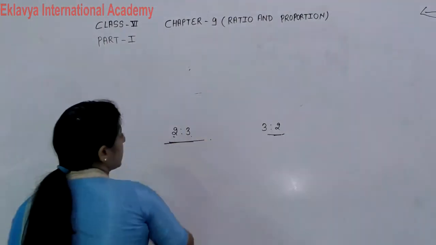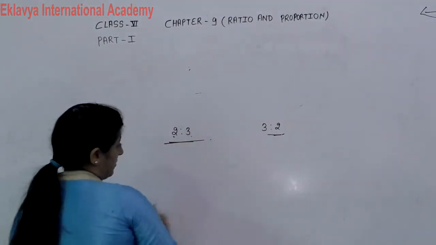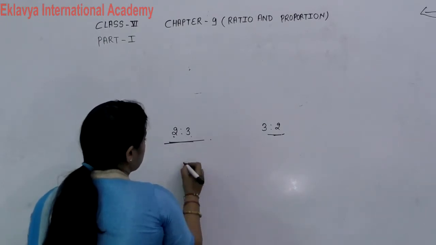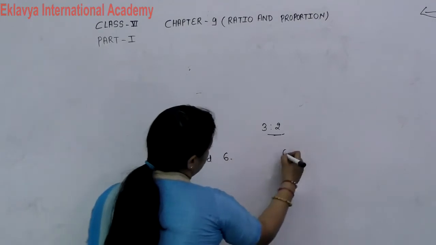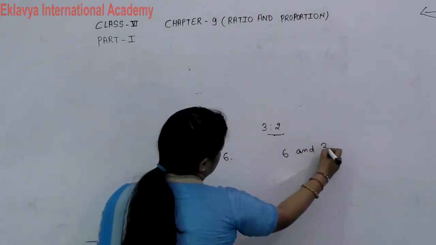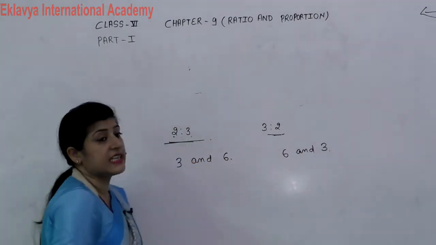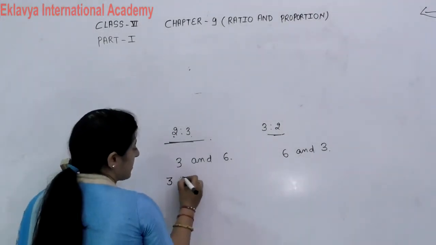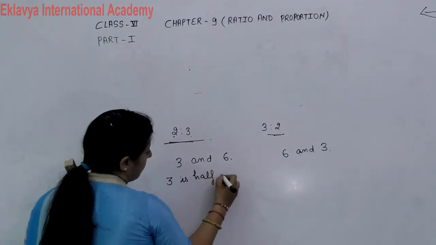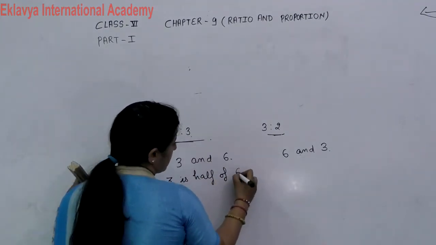Suppose I write 3 and 6, and I write 6 and 3. What can I say about 3 and 6? I can write that 3 is half of 6.